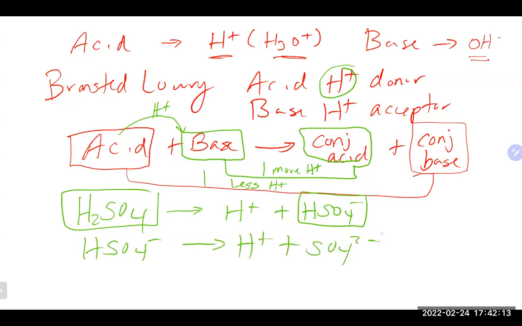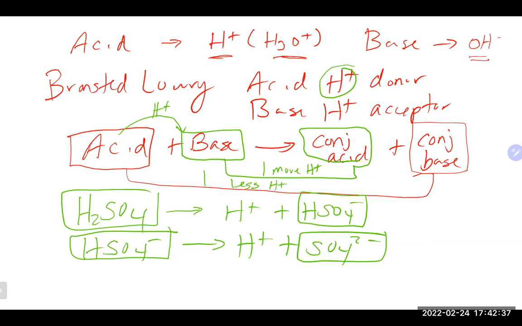And that again is why this one and this one are partners. But going from H2SO4 directly to SO4 2 minus is sort of a double jump in terms of hydrogens. Those are not related to each other in the sense of conjugate acid base pairs. Clearly they're related to each other, but not in the sense of being pairs to one another. Any questions on that stuff that we talked about?